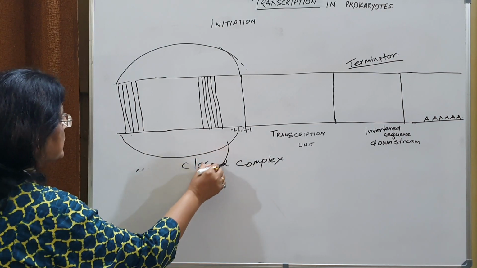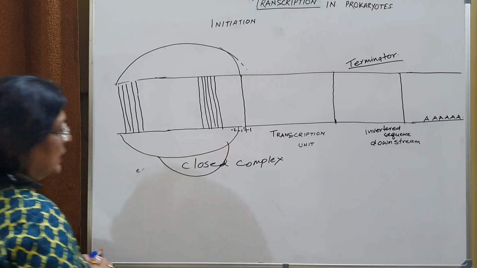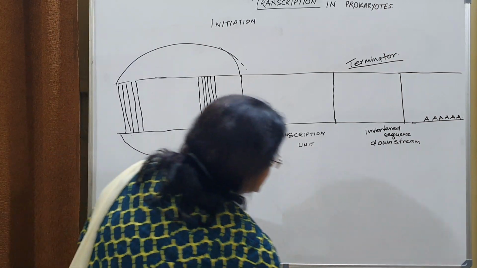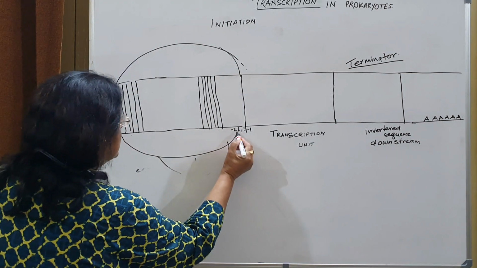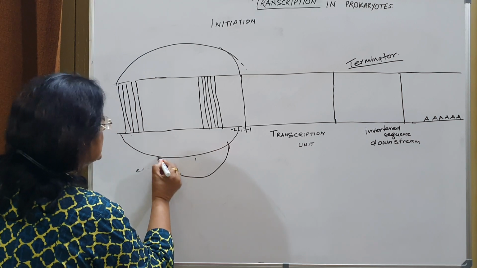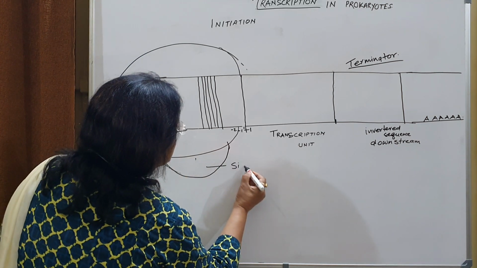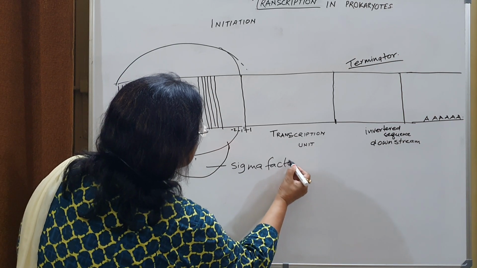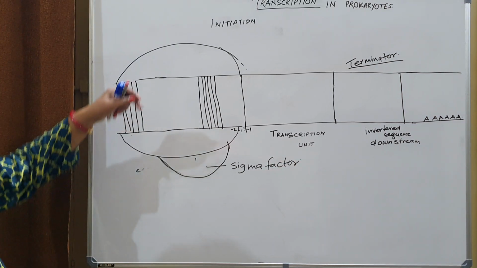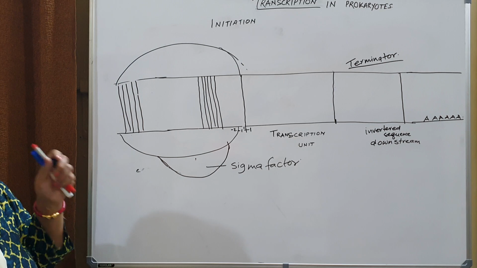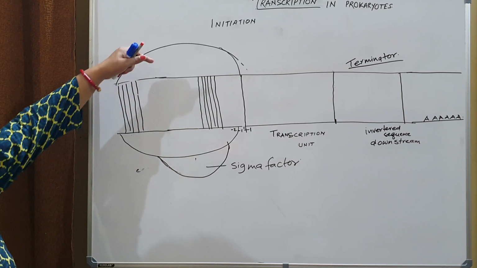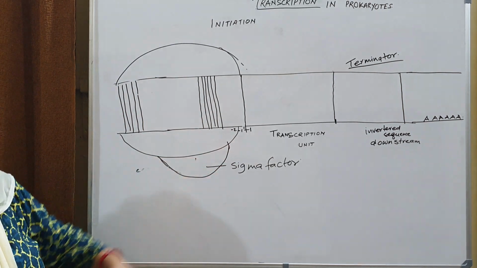The sigma factor will also unite with it. This is the sigma factor, and the RNA polymerase is a complete enzyme, the holoenzyme. It has all the 5 subunits and the sigma factor.